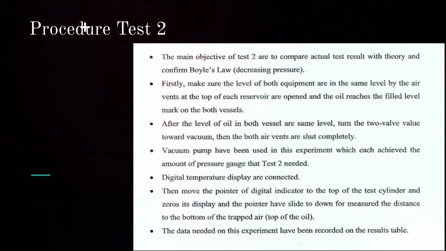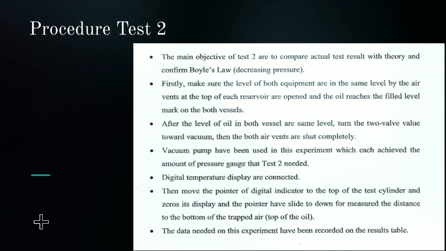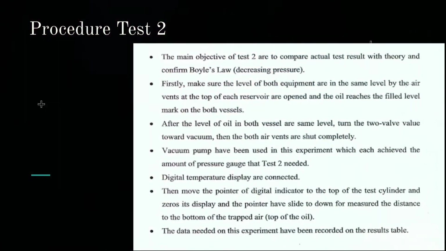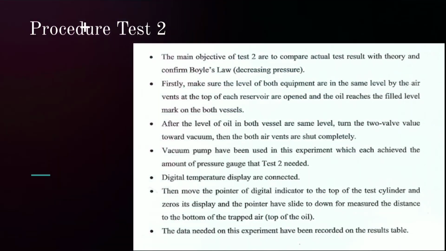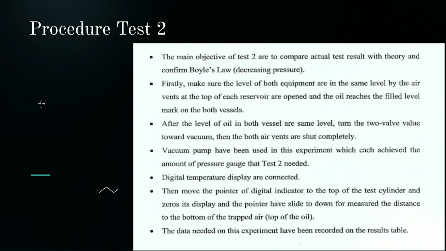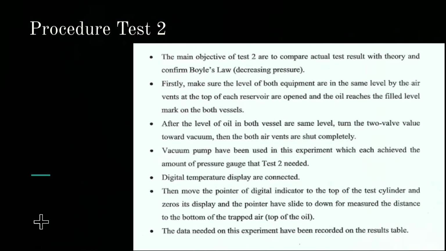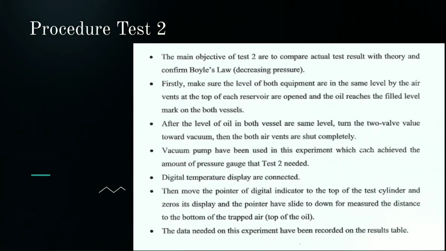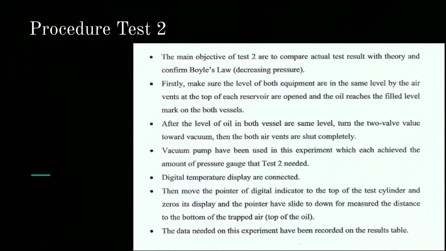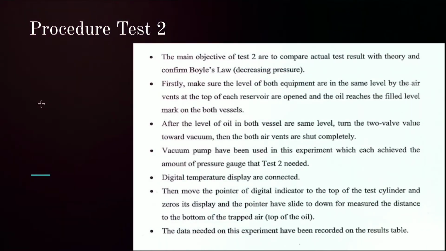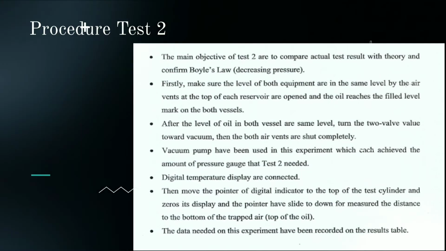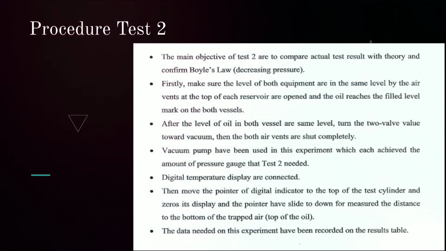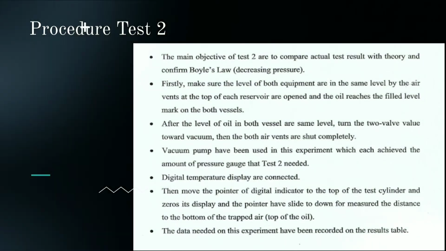Then move the pointer of the digital indicator to the top of the test cylinder and zero its display, and slide the pointer down to measure the distance to the bottom of the trapped air. Lastly, the data needed for this experiment is recorded in the results table.